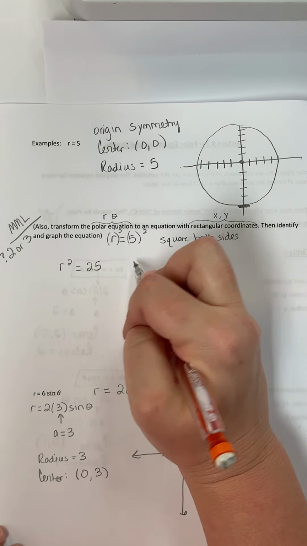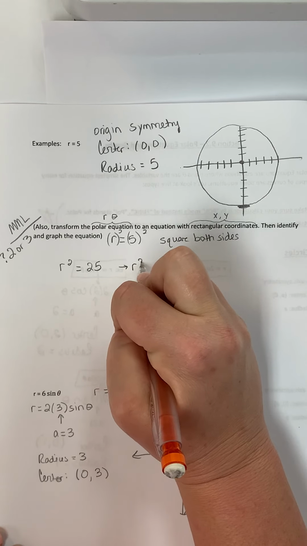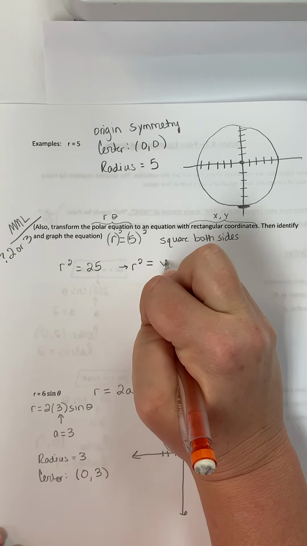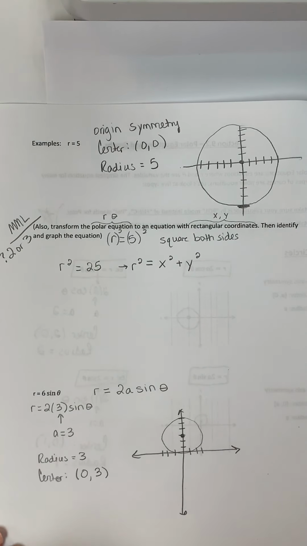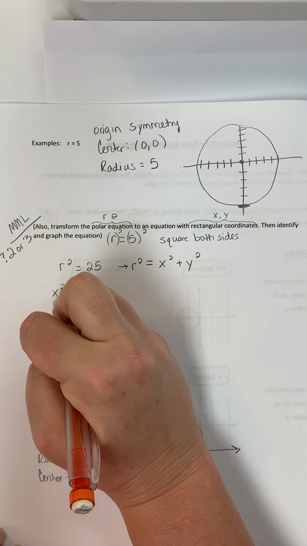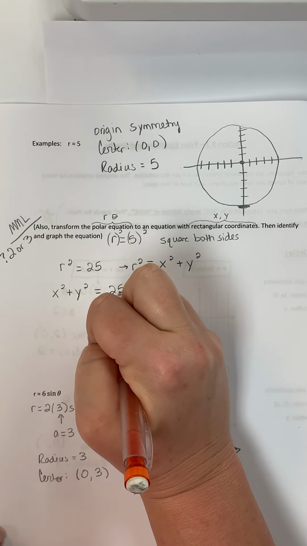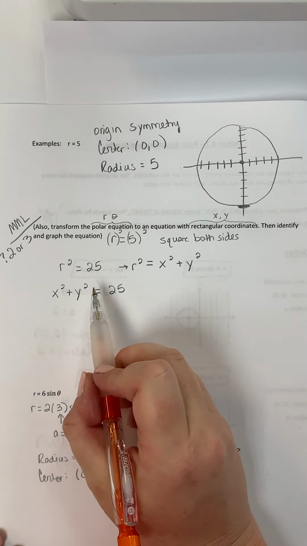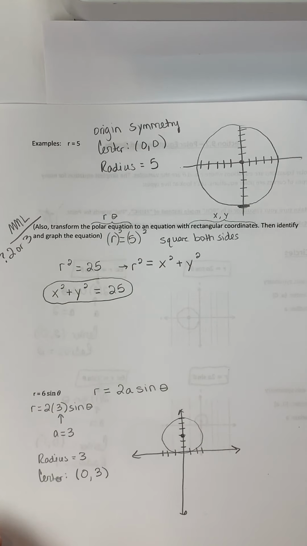Now, I'm gonna replace r squared with the fact that we know r squared equals x squared plus y squared. Well, guess what I have now? I have a rectangular equation for a circle.